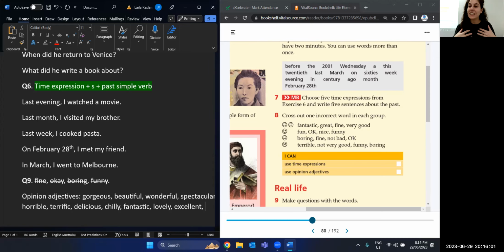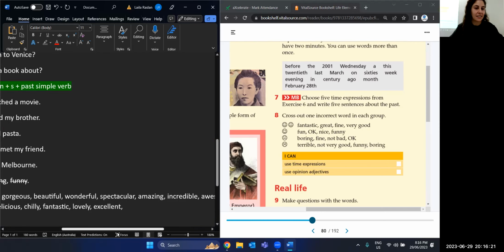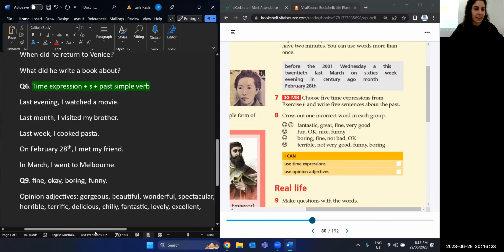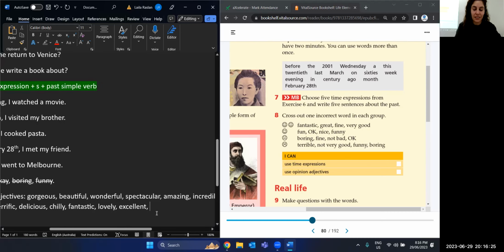Excellent. Good. So this is, we're giving our opinion, what we feel. Maybe someone asked us, how is the drink? How was the movie? Did you like the book? Did you like the teacher? Did you like the friend? Did you like the whatever? So we can say yes, beautiful, wonderful, spectacular, excellent. If it's perfect, I like perfect. I use this one a lot. Perfect.